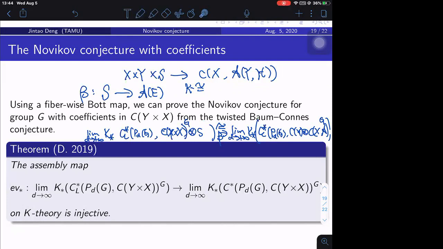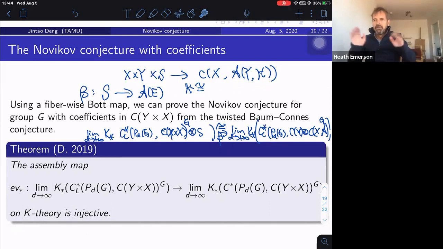So this is an isomorphism, and then we will have this is injective. Oh, I see. Yeah, thanks.